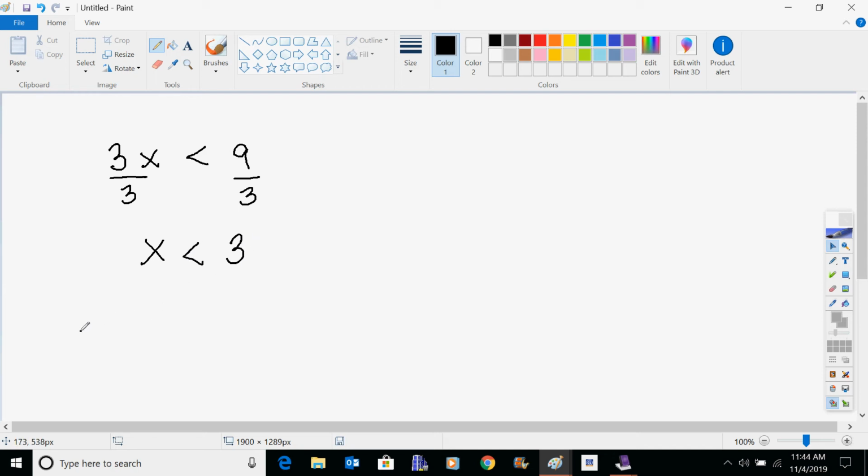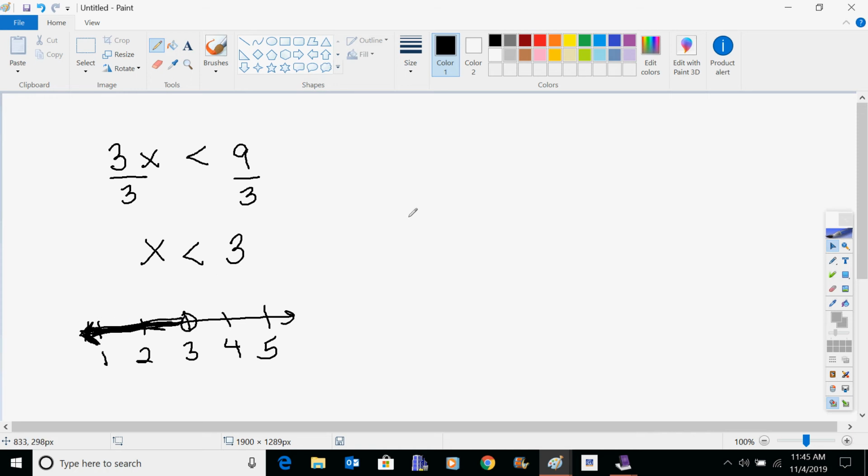X is less than 3, and when you graph that one, we have 3. It will be an open circle, and then it goes in the direction of 1, because 1 is smaller than 3, so we're all the way over here.